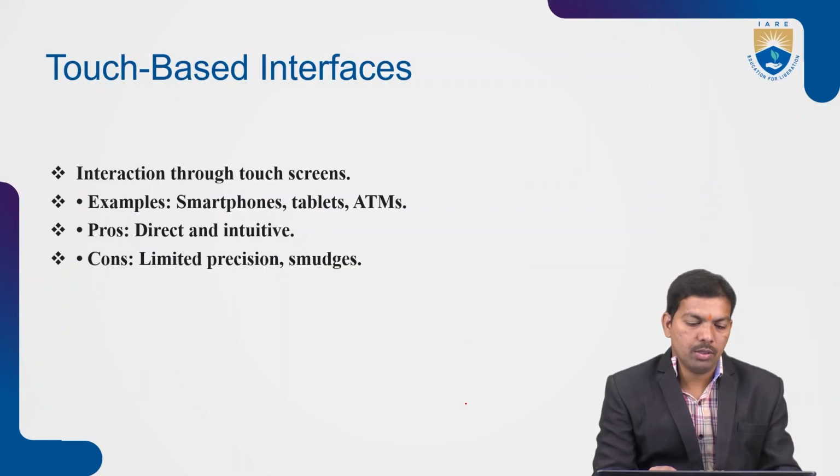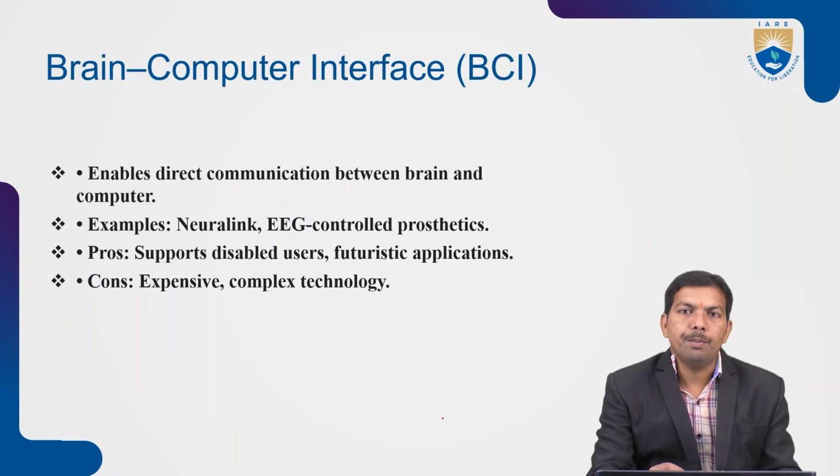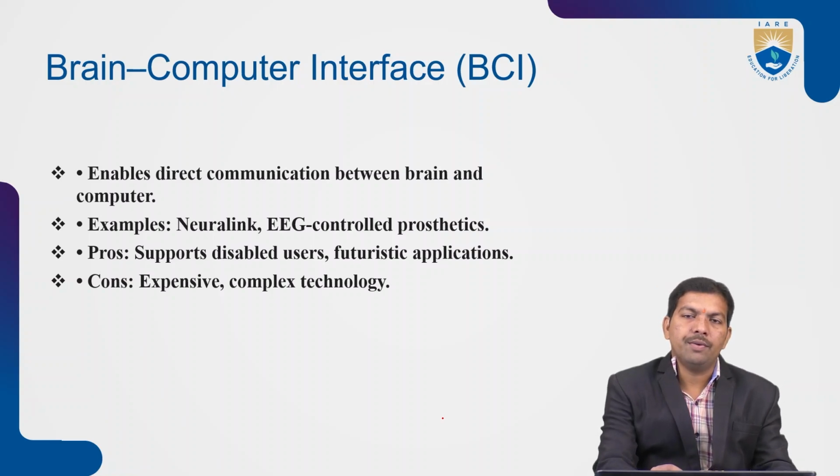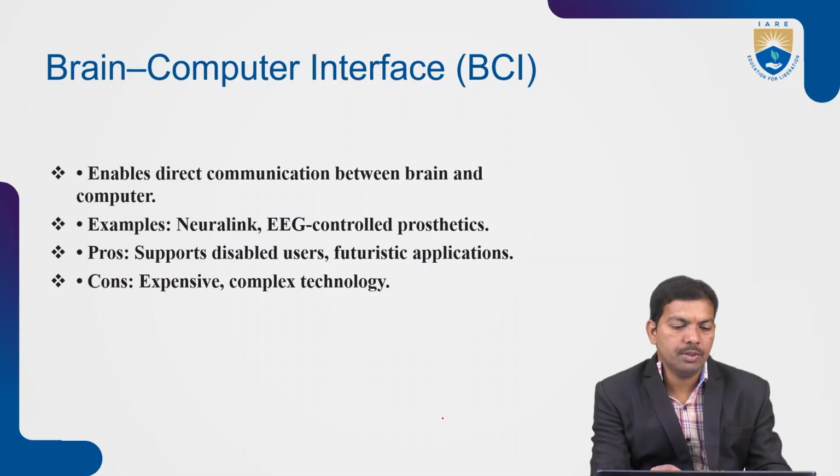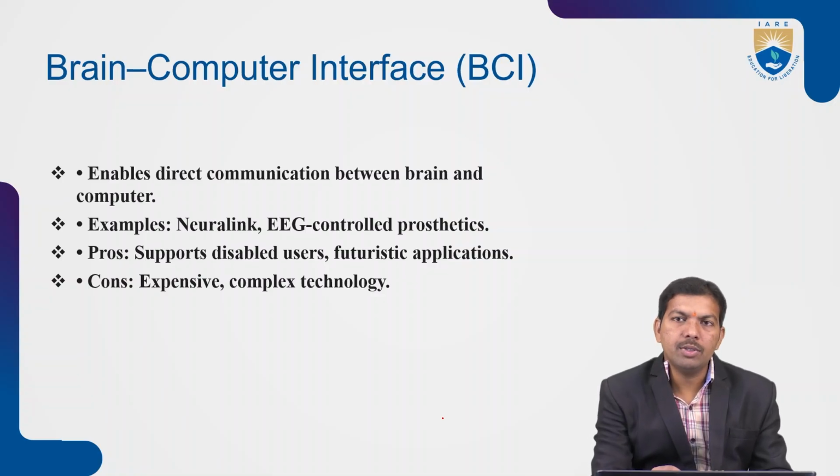What are the pros and cons? Direct and intuitive, so directly we can communicate with the machine, and cons are limited precision and smudges. Next one is brain computer interface, one more different type of interactive system. It enables direct communication between brain and computer. Our brain interacts with the computer. How do we interface our brain with the machine?